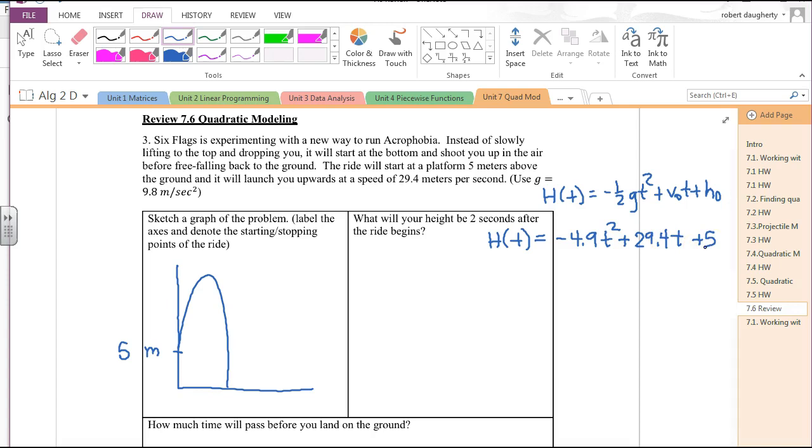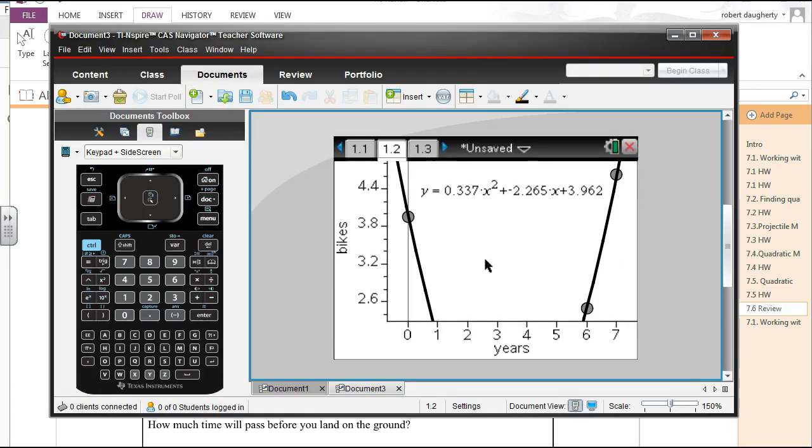What is my height after 2 seconds? Well, t is equal to 2. So what happens when you plug a 2 into this equation? Negative 4.9 times 2 squared plus 29.4 times 2 plus 5. I'll just enter all of that in the calculator.